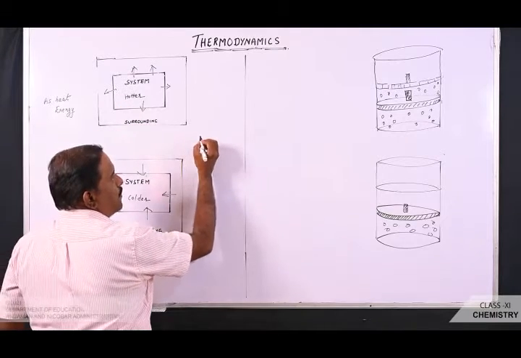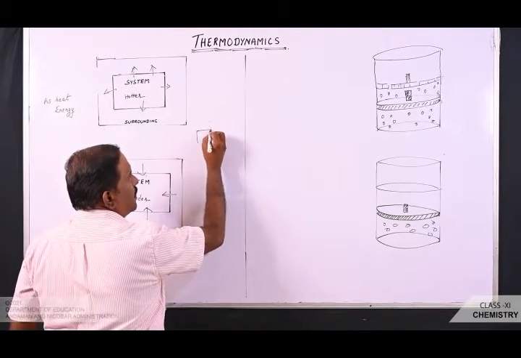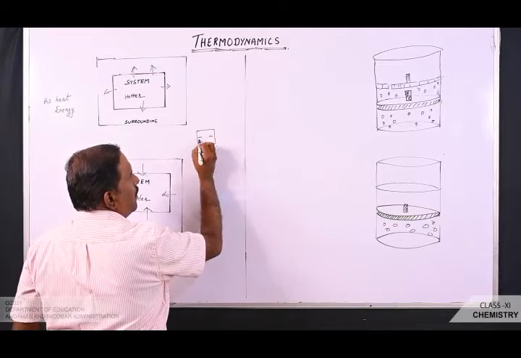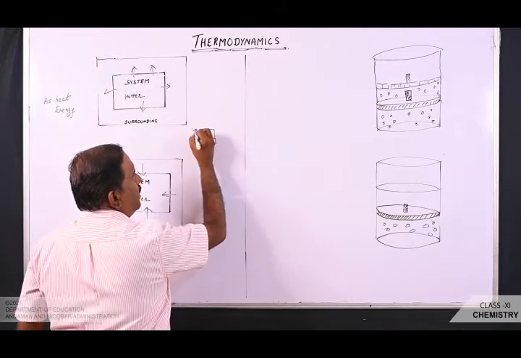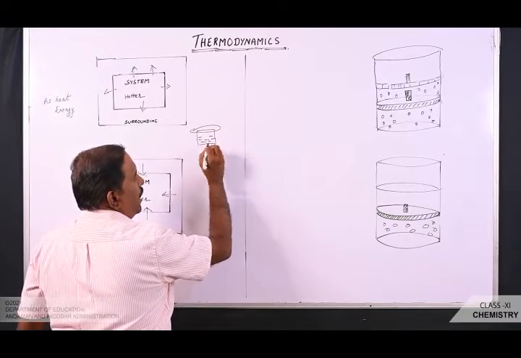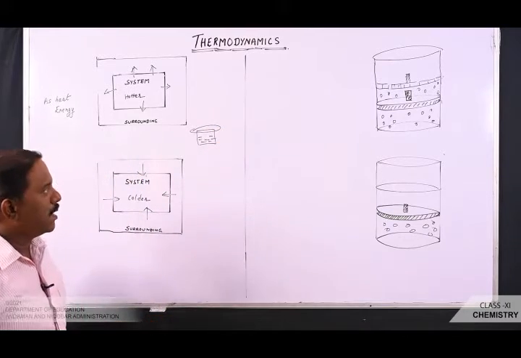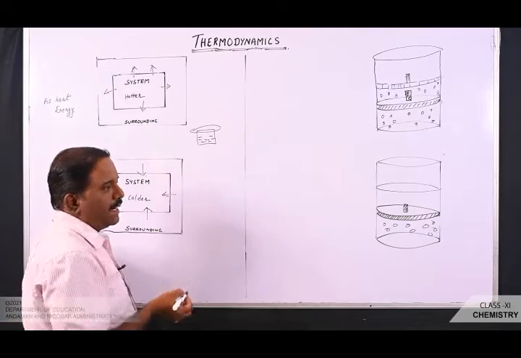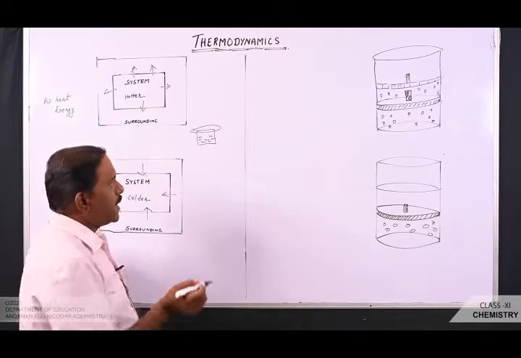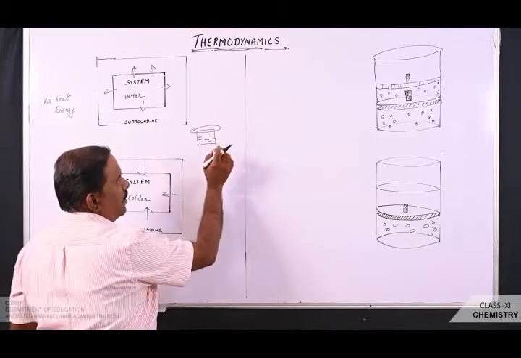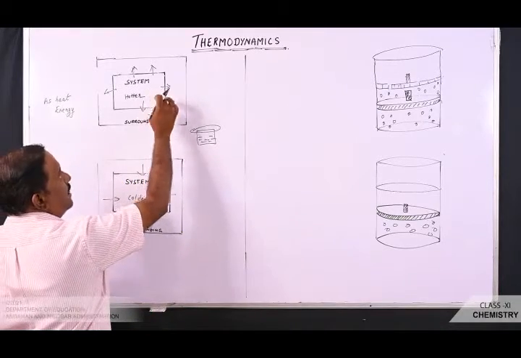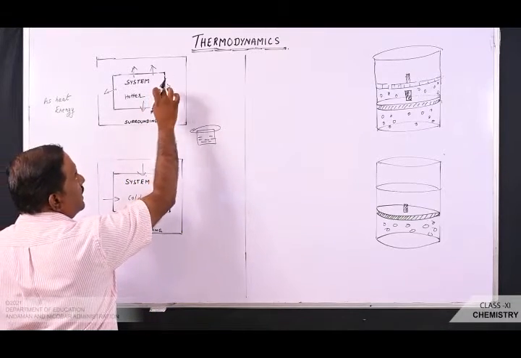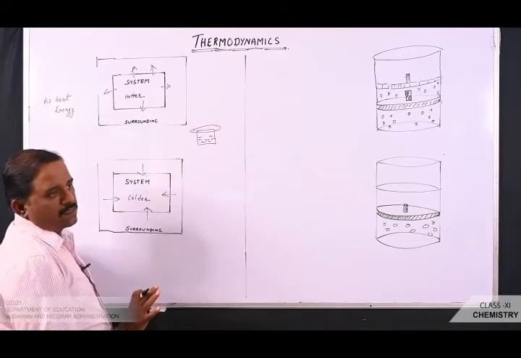Now for example, a beaker filled with water is kept with a lid on the top, and it is kept for a while, and what we can see is that it acquires the same temperature as that of the surrounding after a while. So we can say that the system transfers its heat to the surrounding.